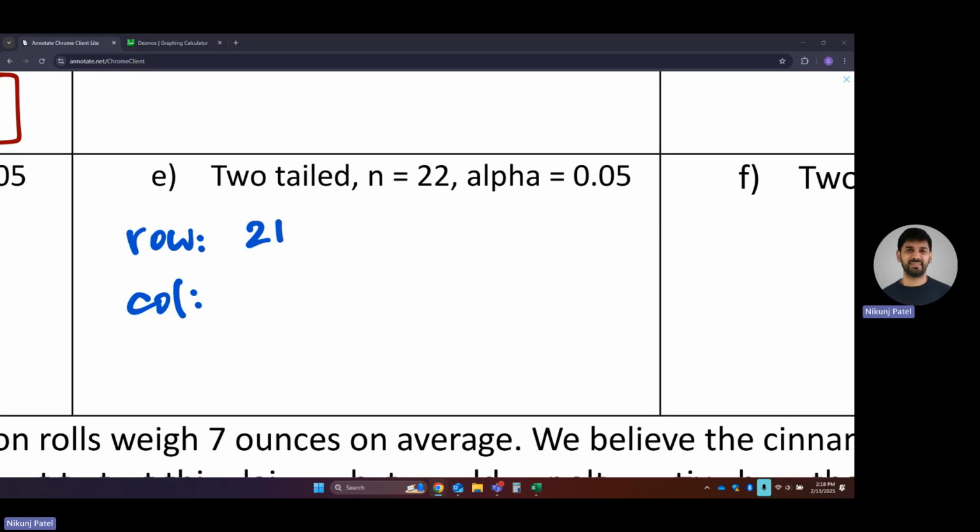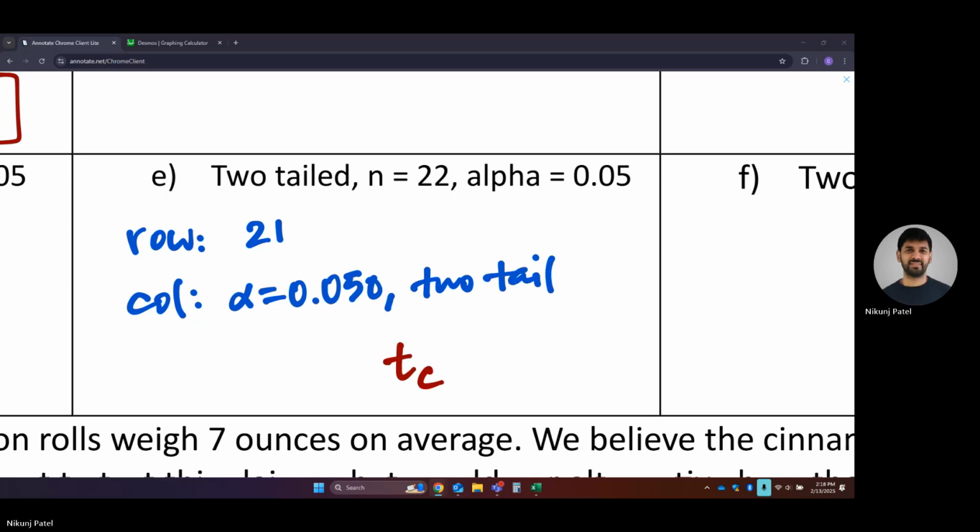And then we're looking at the column that has an alpha value of 0.05, and then you could put the extra zero back there because that's what the formula chart has. And this is a two-tailed situation. And remember that this is a two-tailed, so plus minus needs to go first, and then let's go find our value. Row 21, and then look at the two-tailed area for 050.